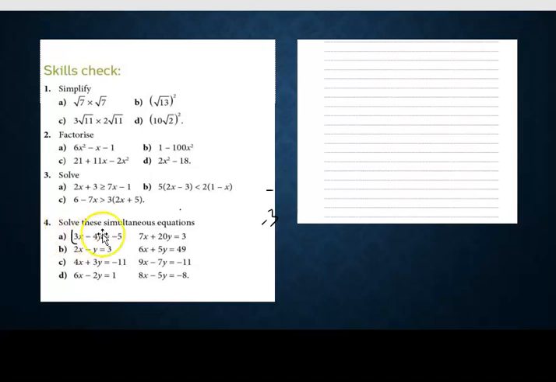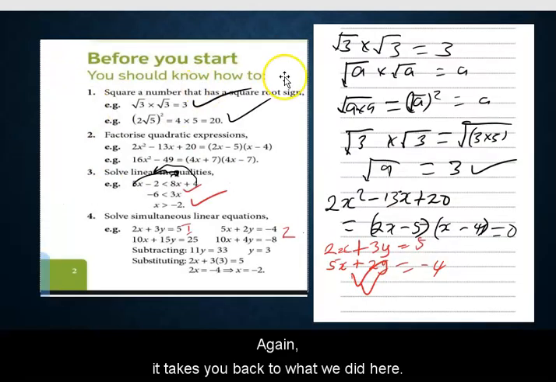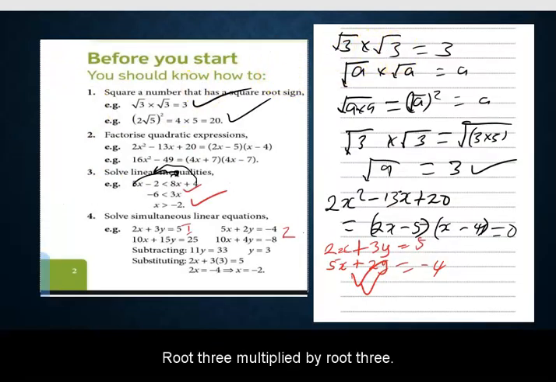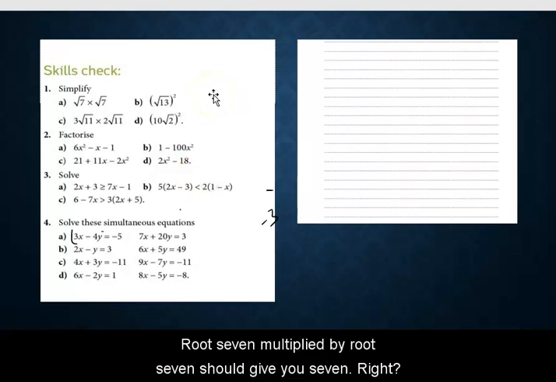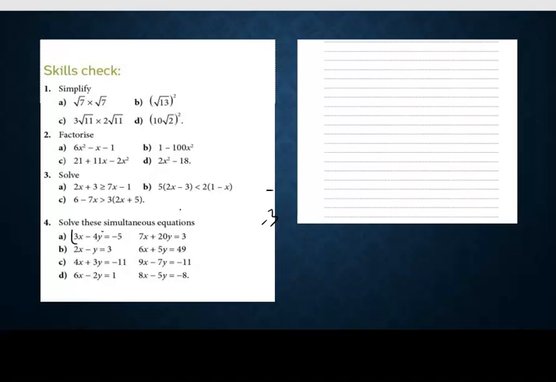So quick check. Pause the video and try doing this yourself. What is root 7 multiplied by root 7? Again, it takes you back to what we did here, root 3 multiplied by root 3. Root 7 multiplied by root 7 should give you 7, right? We can see that.